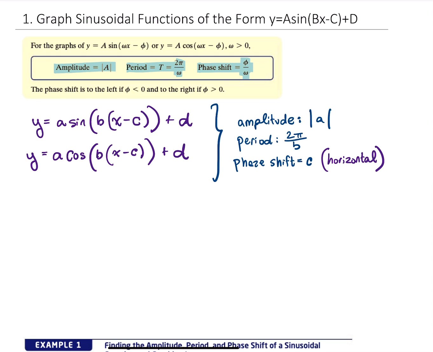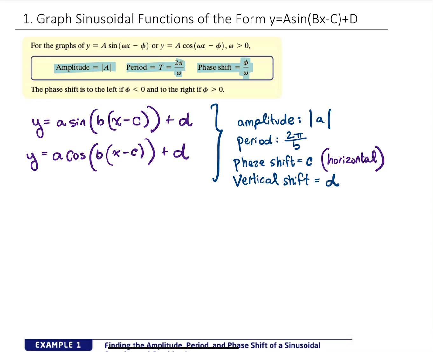And then we can say the vertical shift will be whatever this d value is. And if that's positive, then it shifts upwards. If it's negative, it shifts downwards.